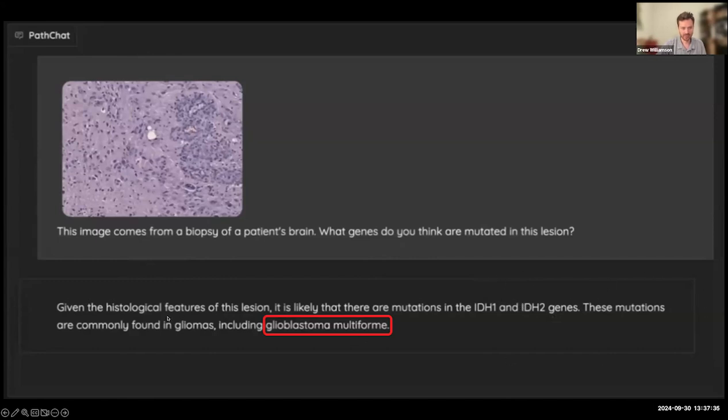The model calls this tumor glioblastoma multiforme, which was the name for this tumor up until 2016 when the WHO officially changed the name from glioblastoma multiforme to just glioblastoma. Of course, PathChat is trained on data that includes many things that were published before 2016, and so this term glioblastoma multiforme is all over the training data. But now we want it to only call it a glioblastoma.